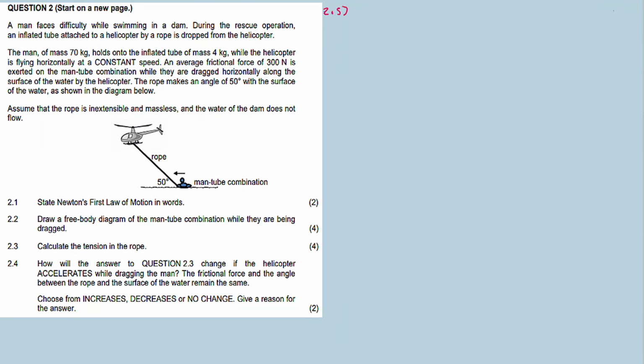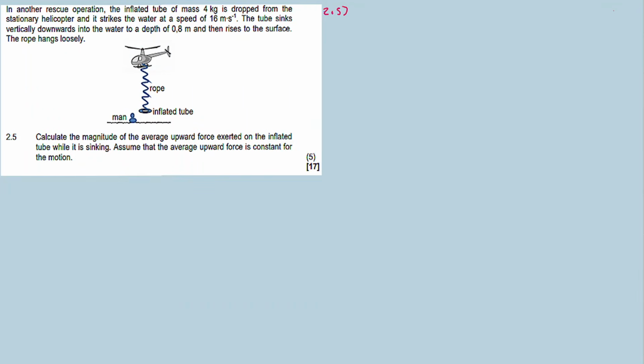Alright, 2.5, the last question again. Alright, like 2.5, but in another rescue operation, the inflated tube of mass 4 kilograms is dropped from the stationary helicopter and it strikes the water at a speed of 16 meters per second. The tube sinks vertically downwards into the water to a depth of 0.8 meters and then rises to the surface.